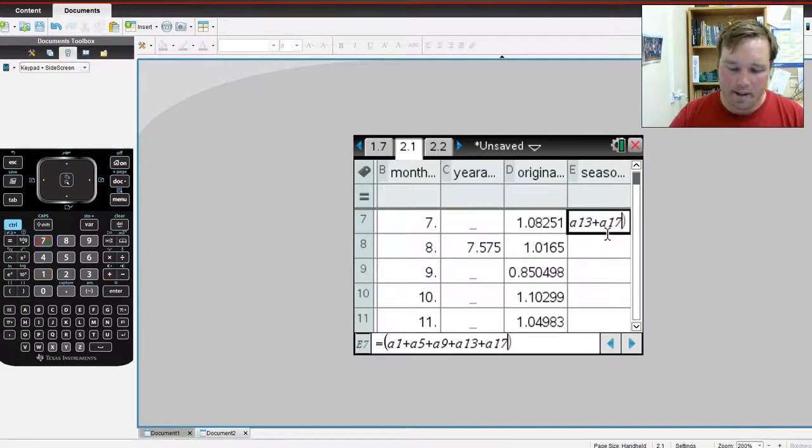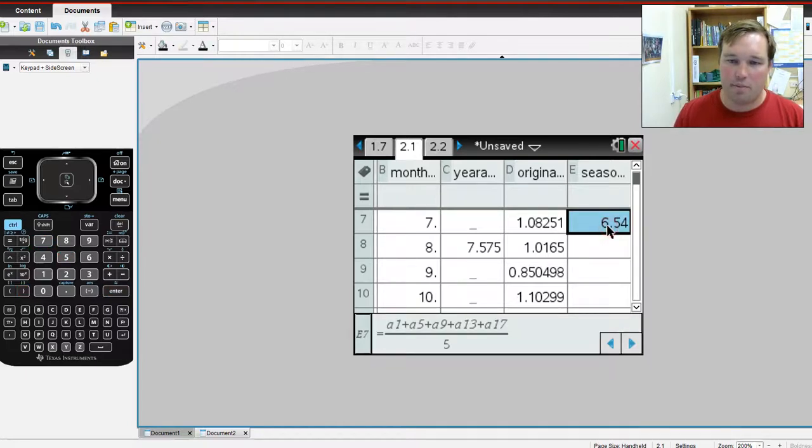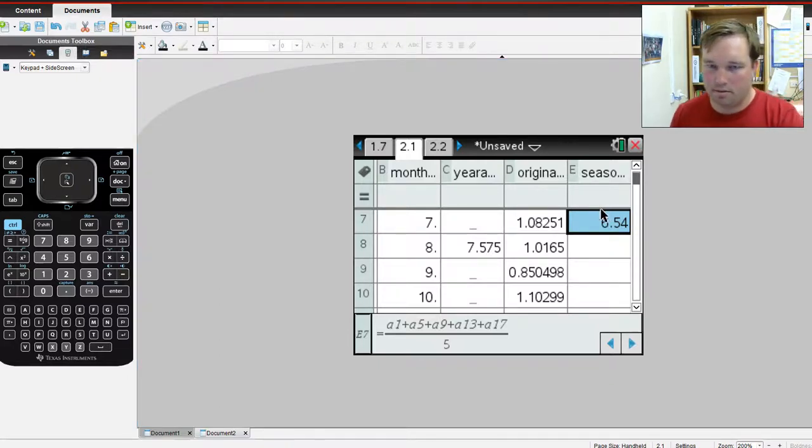So they are our 5 summers, and we're dividing by 5. That should be the seasonal index for summer. Actually, scratch that.